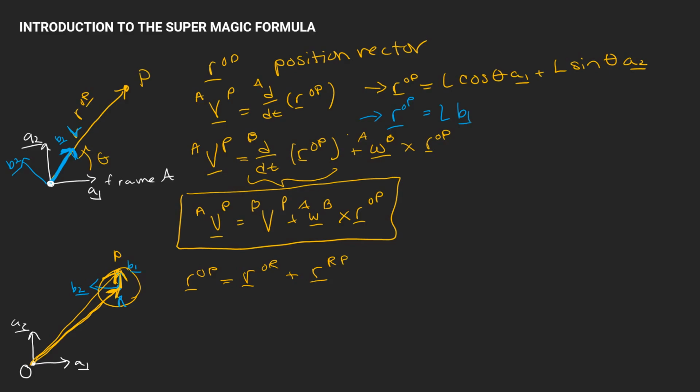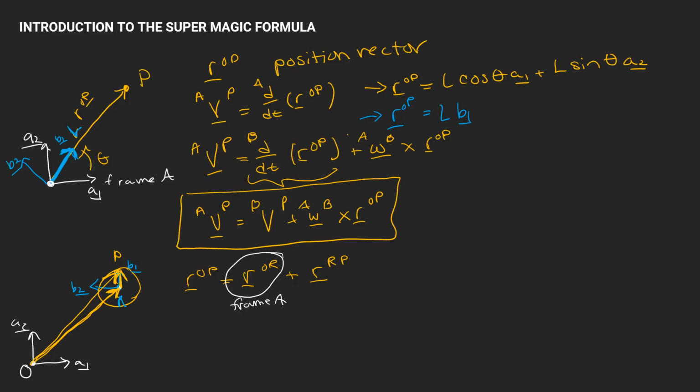And as I mentioned, we generally write ROR in terms of frame A. I'm just going to circle this, this is frame A. So here we would write that as some magnitude in the A1 direction and some magnitude in the A2 direction to get us to this point R here.